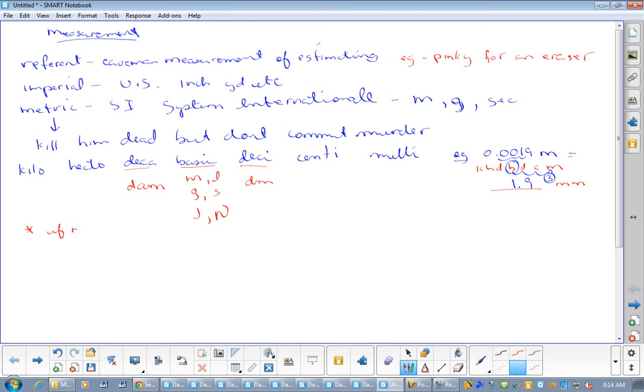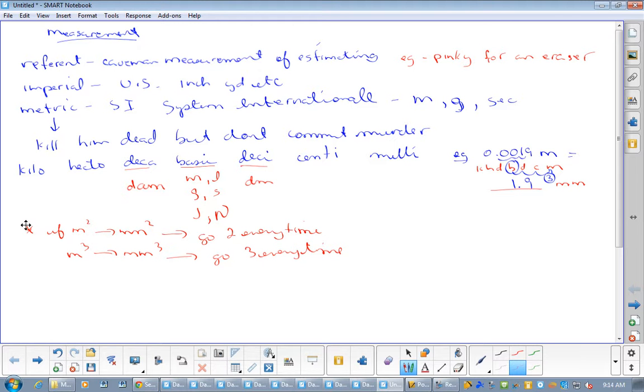If meters squared to like millimeters squared, go 2 every time. And if it was meters cubed to millimeters cubed, go 3 every time.